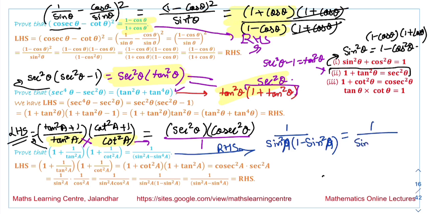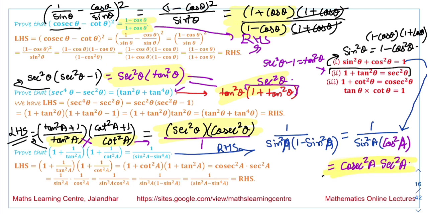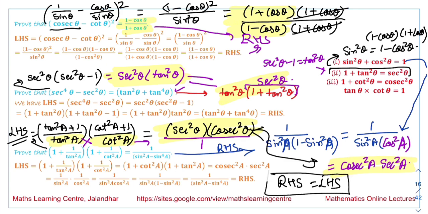It is 1 over sin square A into, from this identity, cos square A, and this is equal to cosecant square A into secant square A. So what we get is that the LHS part is this, the RHS part is this, and both these values are equal. So we are saying that RHS is equal to LHS.